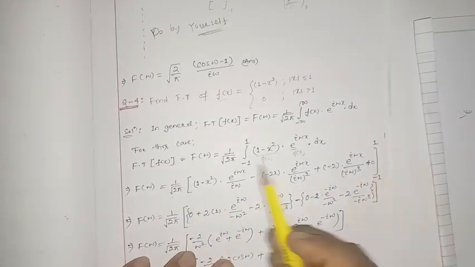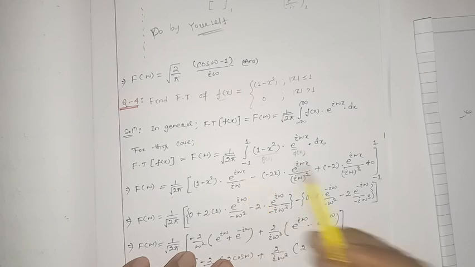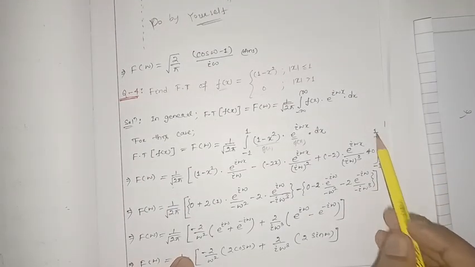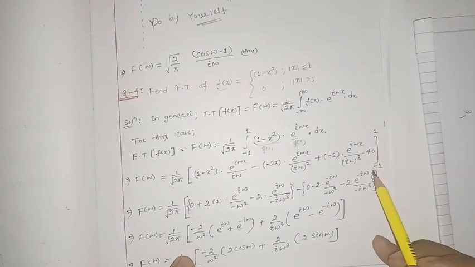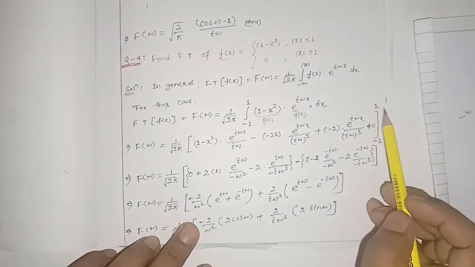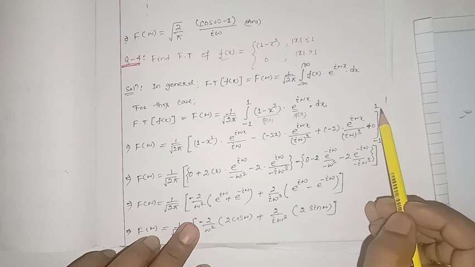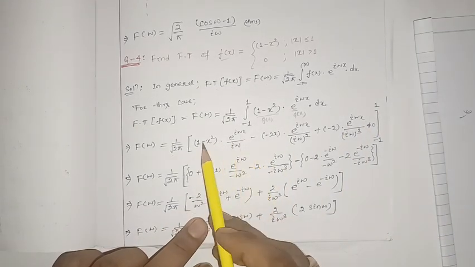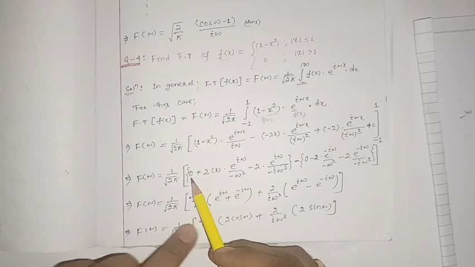Now here I have done the integration, the lower limit is minus 1 and the upper limit is 1. Now we are going to substitute the upper limit first, then the lower limit. Carefully watch. First I put the upper limit 1: here 1 square, 1 minus 1 is 0, so this term will be 0. Got it?